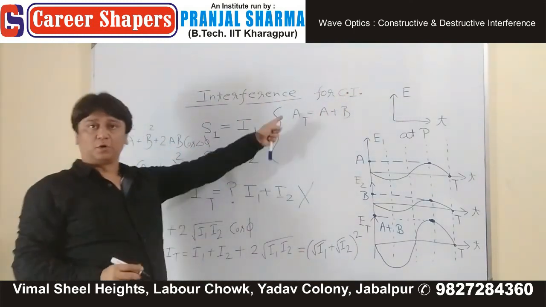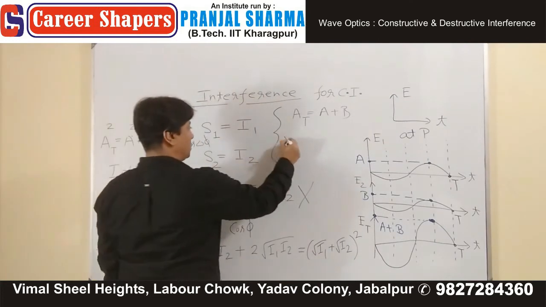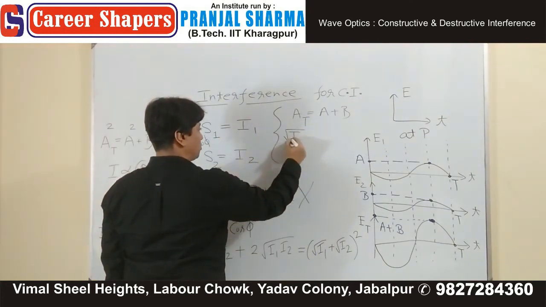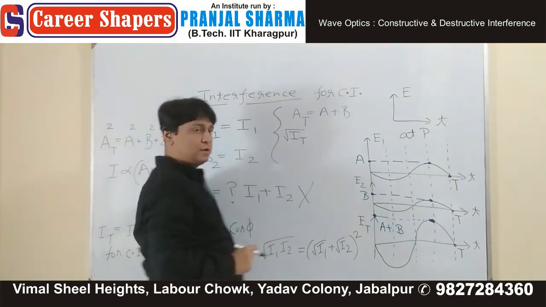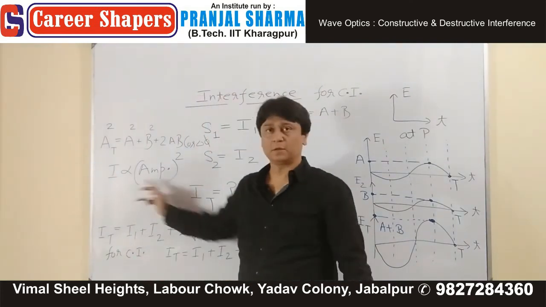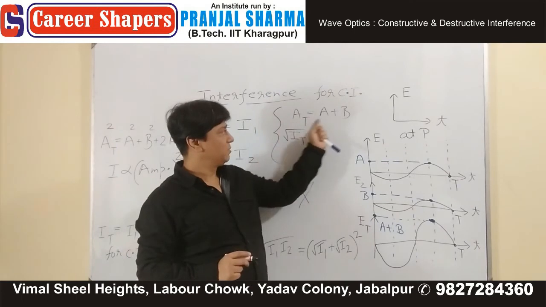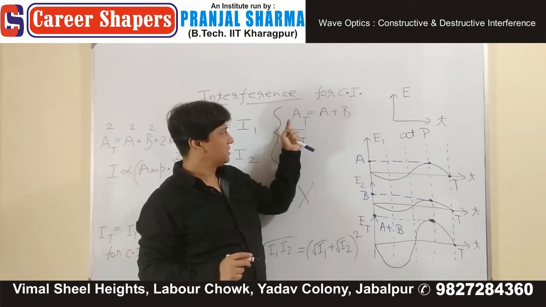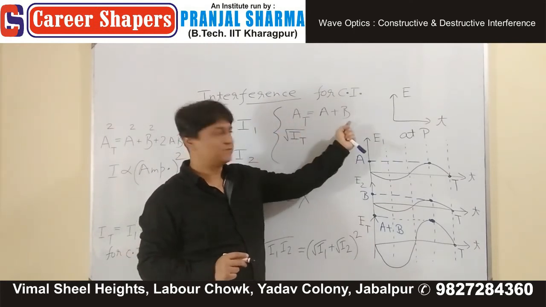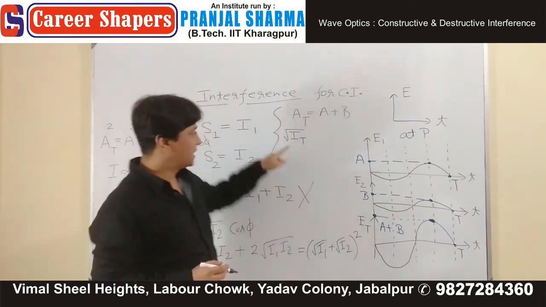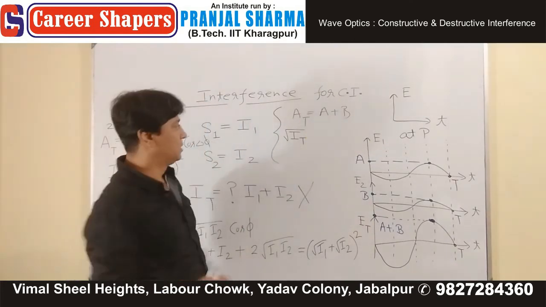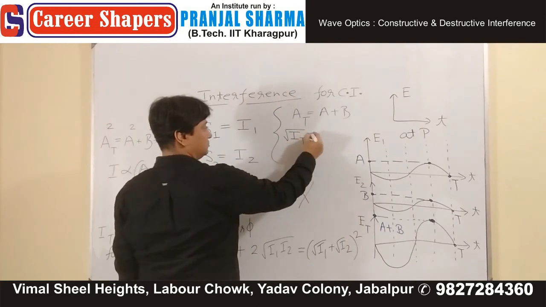A total is root over I total. There will be a proportionality constant, but that will cancel because it's present in both terms, and therefore I'm directly using root I total. What is A?